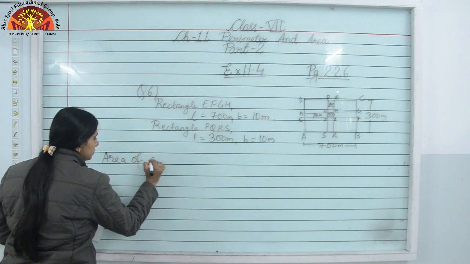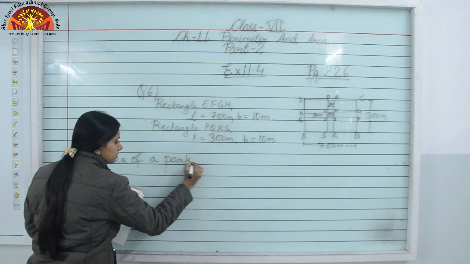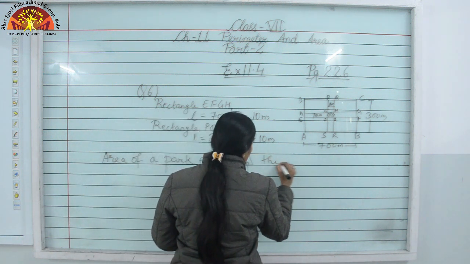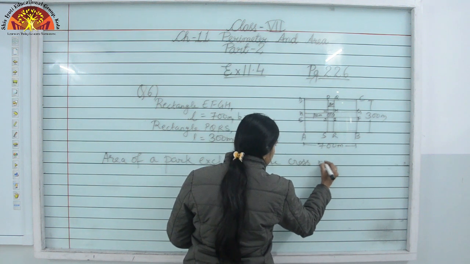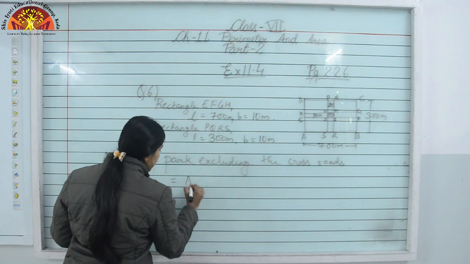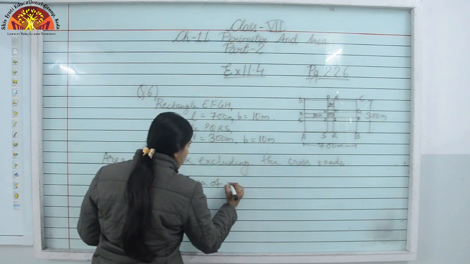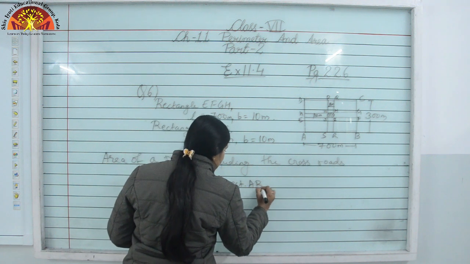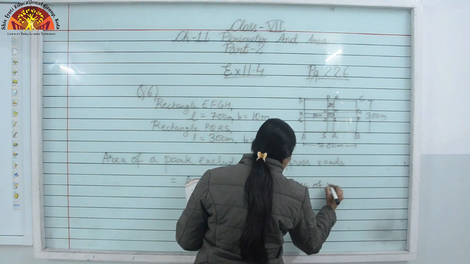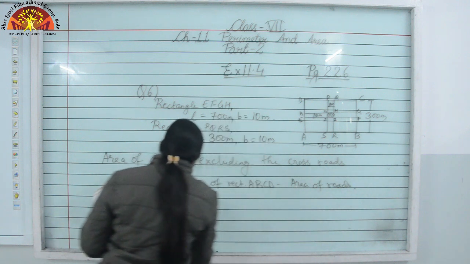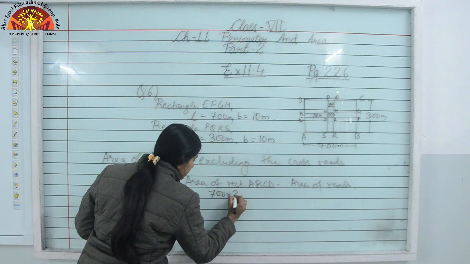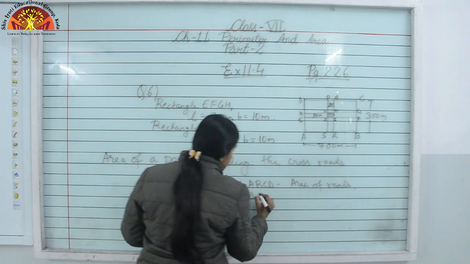Area of a park excluding the crossroads is equal to area of the rectangle ABCD minus area of roads. Okay, so area of rectangle ABCD will be 700 into 300 minus area of the roads.